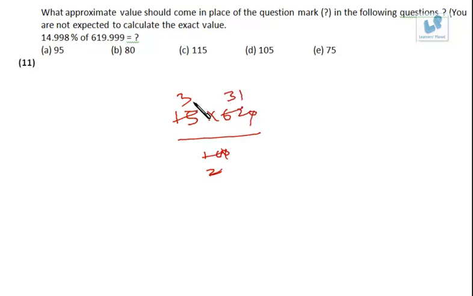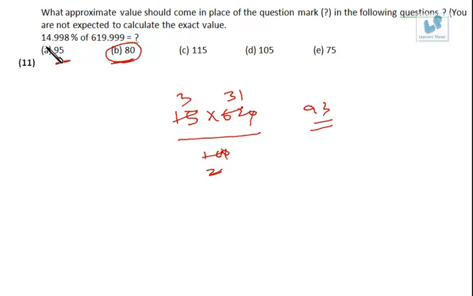Right? So it's 31 into 3, 93, and the option which is closer to 93 is 95, but even 93 is a bit on the higher side of the actual answer. Our actual answer will be less than 93, but the other option which is less than 93 is quite far, that is 80.